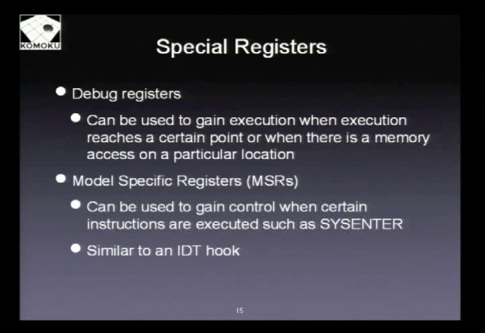These are equivalent to an interrupt descriptor table hook in many ways. You can register that, or you can overwrite the MSR register for sysenter, for example. In that register is just stored the address of the function that will handle the sysenter call. You can overwrite that with your own address in order to gain execution.